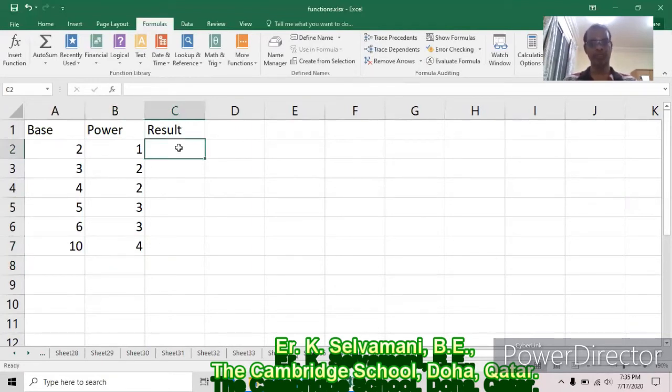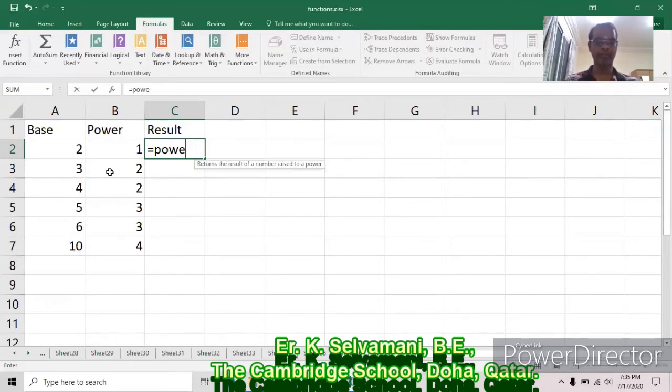That is exponential. For example, 2 to the power of 1 will be 2. 2 to the power of 2, 2 raised by 2, that is 2 multiplied by 2. You will get the number 4. Otherwise we can call it 2 square, 2 into 2. 2 cube, that means 2 raised to the power of 3. That is called 2 cube, or 2 multiplied by 2 multiplied by 2. We will get 8.